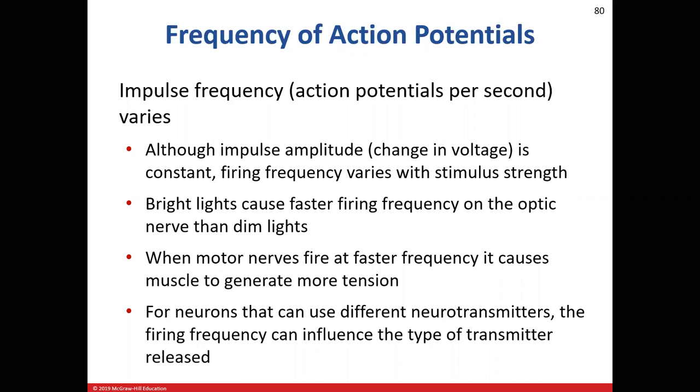And when the motor nerves fire at faster frequency, it actually causes the muscles to generate more tension. So light tension means slow frequency. More tension or stronger contraction means a greater frequency. And so for neurons that can use different neurotransmitters, the firing frequency can influence the type of the neurotransmitter that gets released.